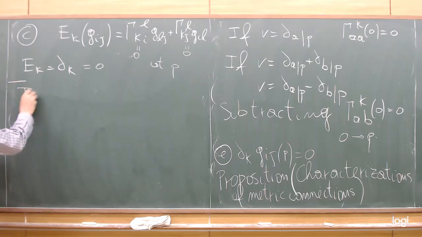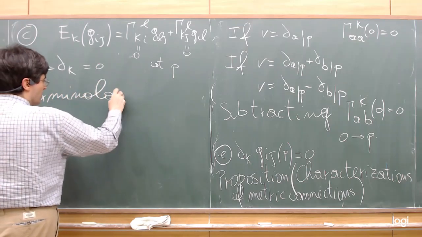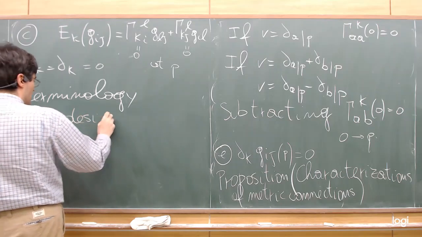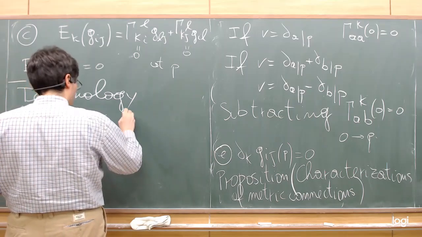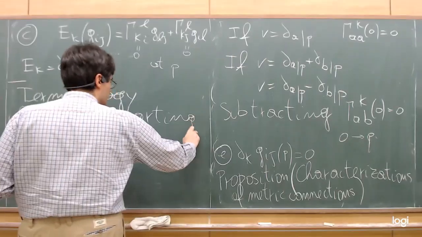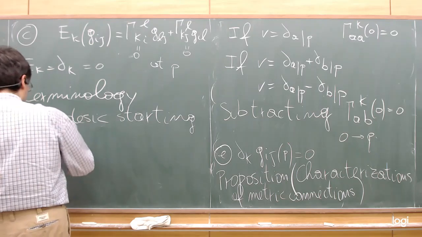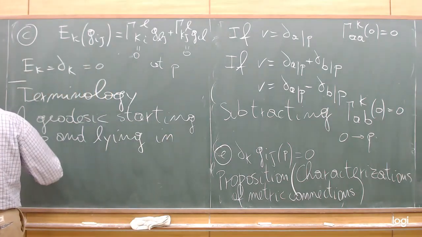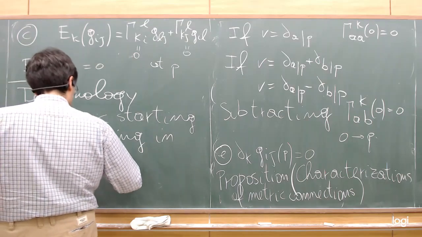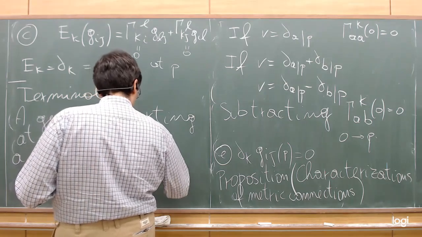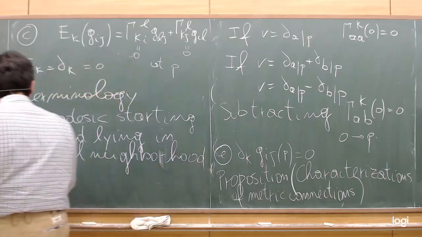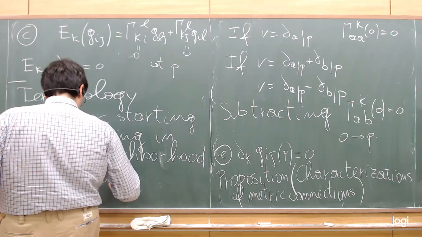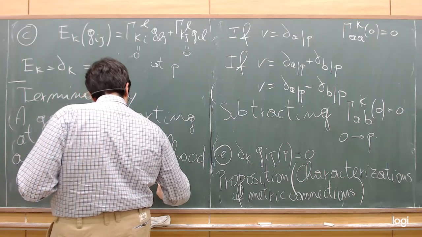A word about the terminology. A geodesic starting at P and lying in a normal neighborhood of P is called radial geodesic.